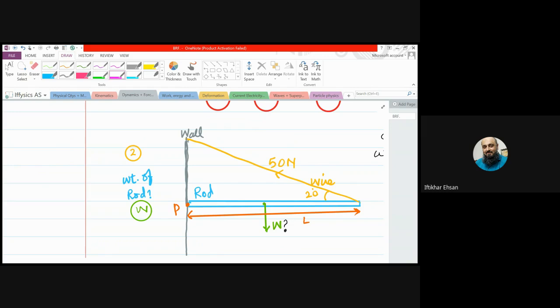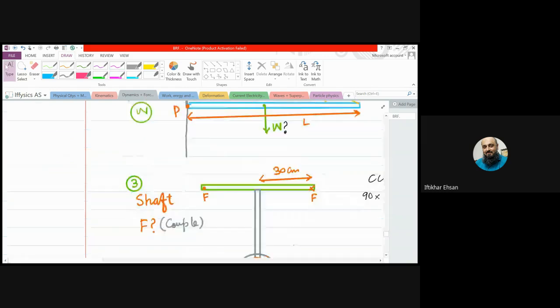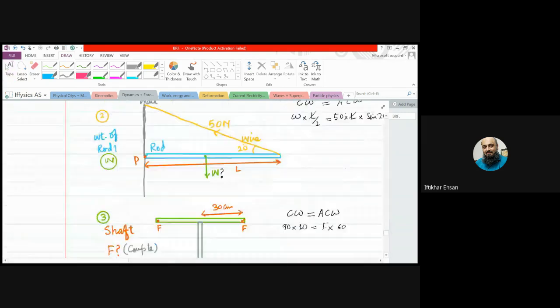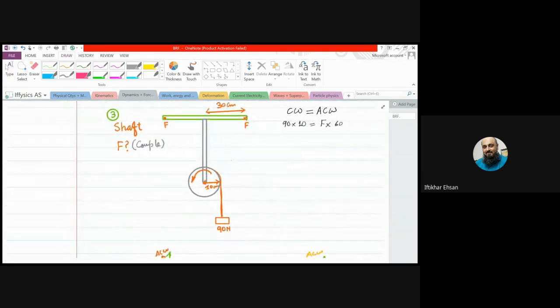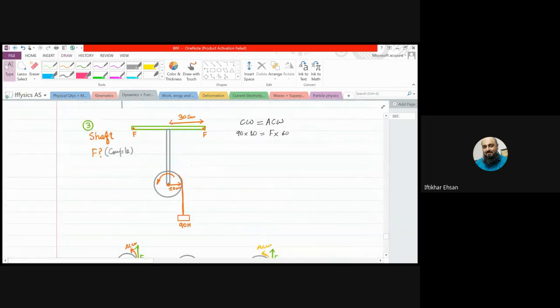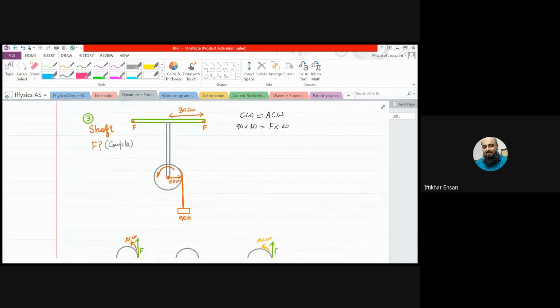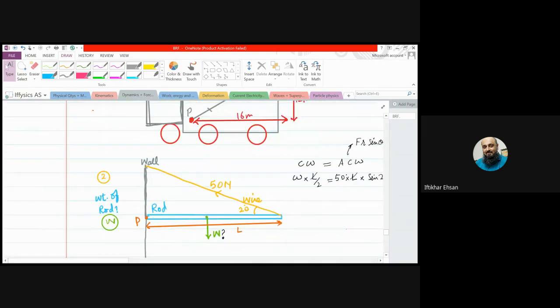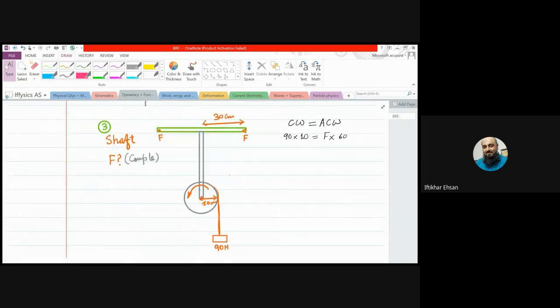Now, the next last question, and that is giving you an example of a couple as well. Beta, sometimes we have a machine which is made up of multiple parts, and some parts are connected to other parts using a shaft or gears.